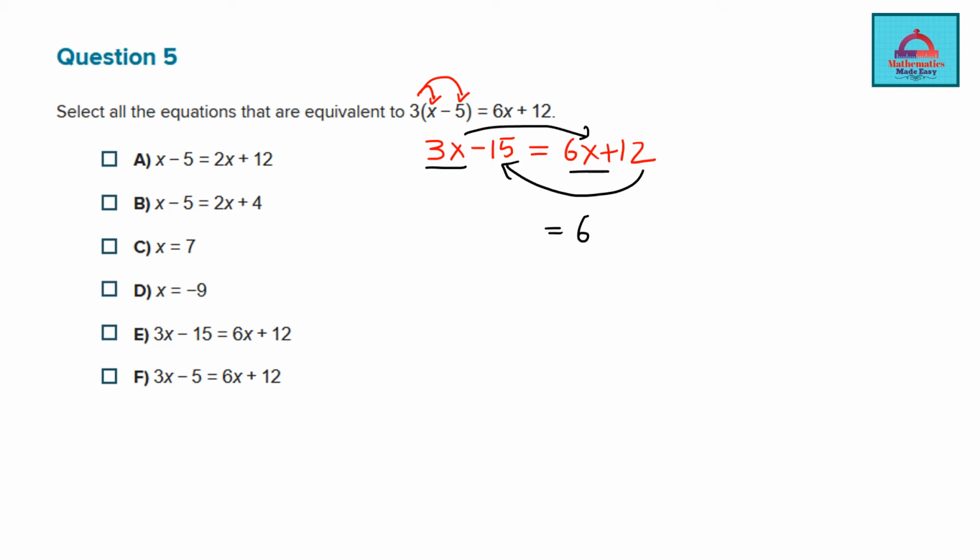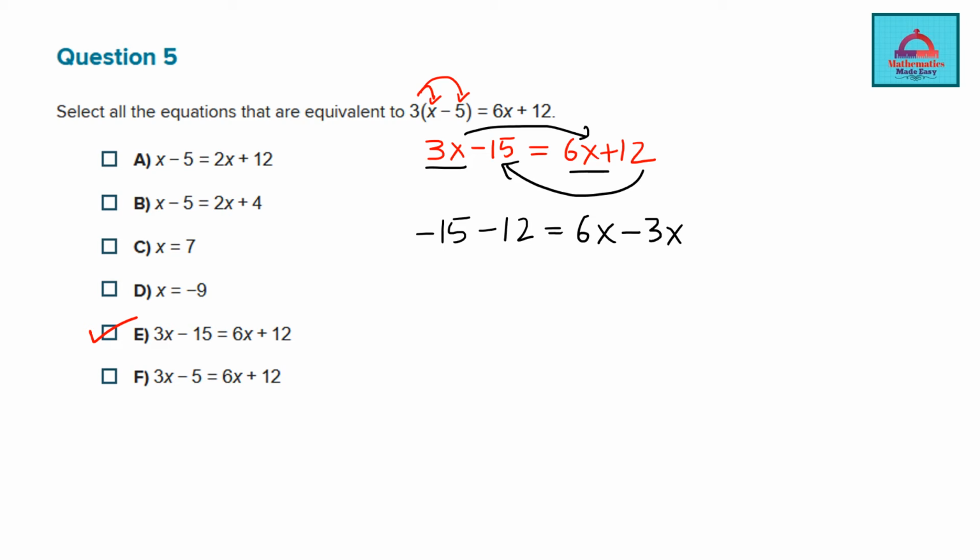So this is 6x minus 3x, sign changes of 3x, 12 moves here, so sign changes of 12 also. So what is it that you get? If you see the options, when you did the first step, this option matches, E, so E is definitely one of the answers.